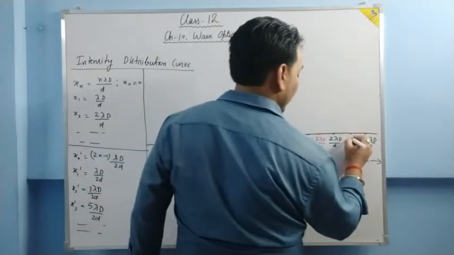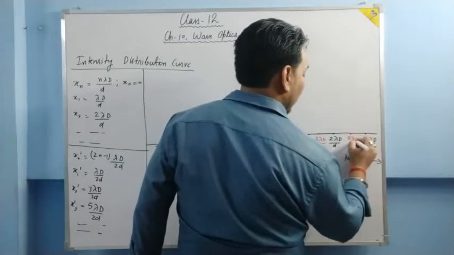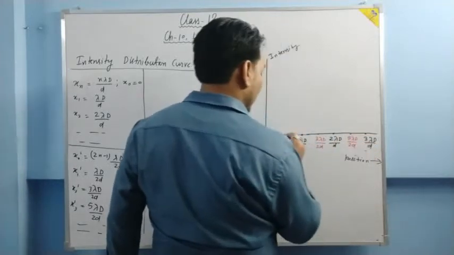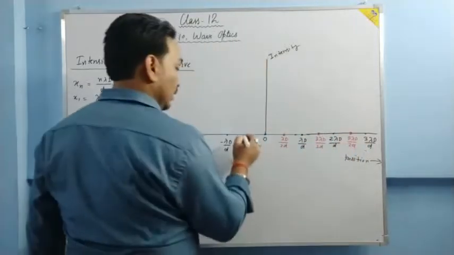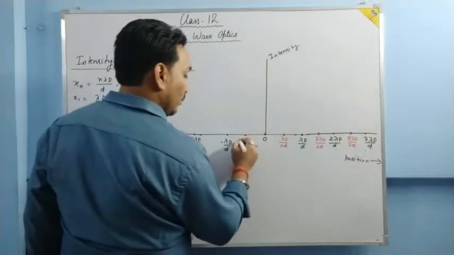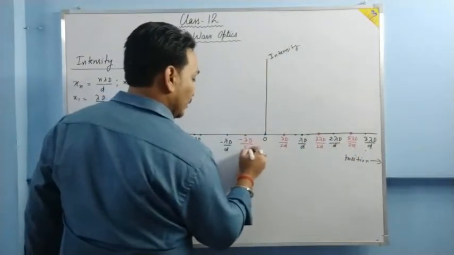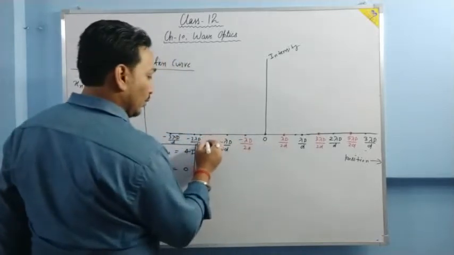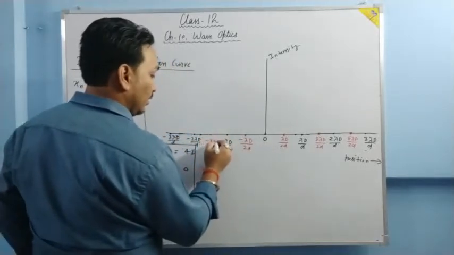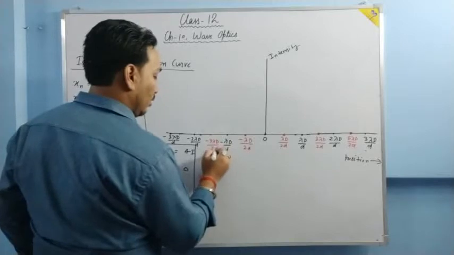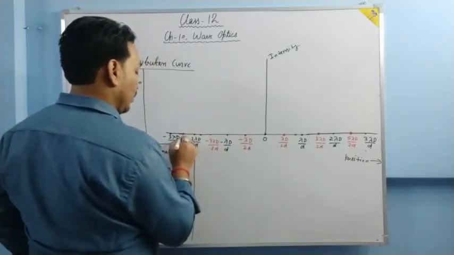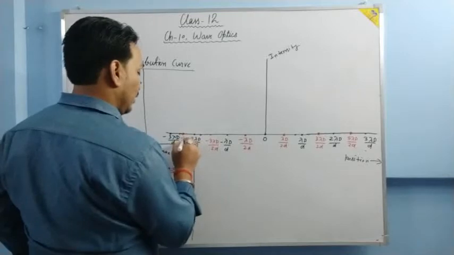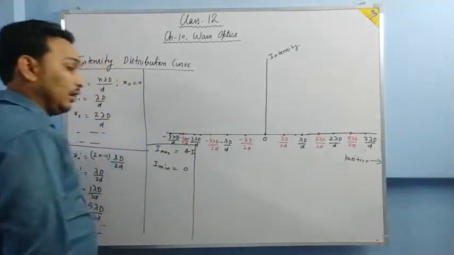Third will be 5 lambda D by 2d. So these are the positions of dark, and somewhere here minus lambda D by 2d, minus 3 lambda D by 2d, and here this position is minus 5 lambda D by 2d.